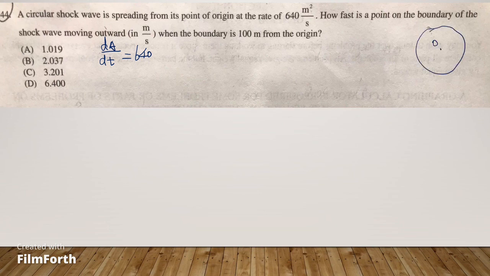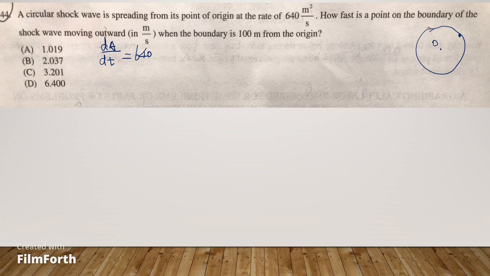So this is the origin, this is the boundary, a point on the boundary. How fast is a point on the boundary of the shock wave moving outward in meters per second when the boundary is 100 meters from the origin?